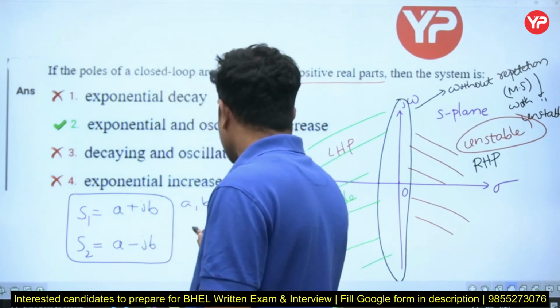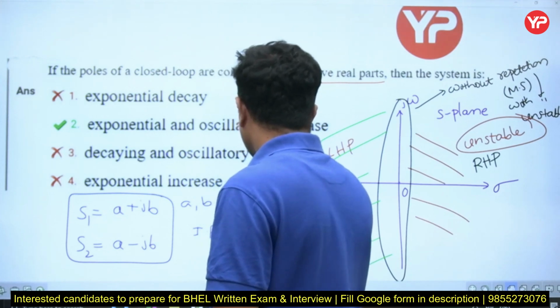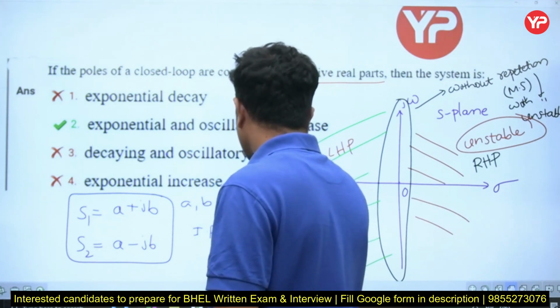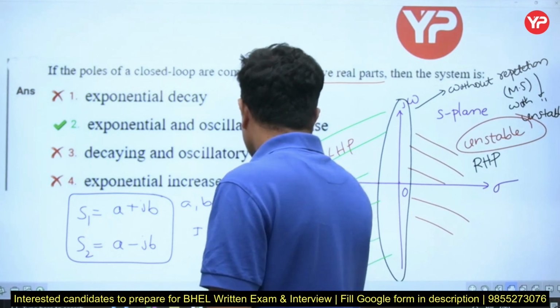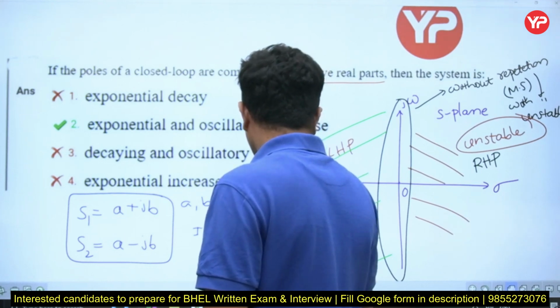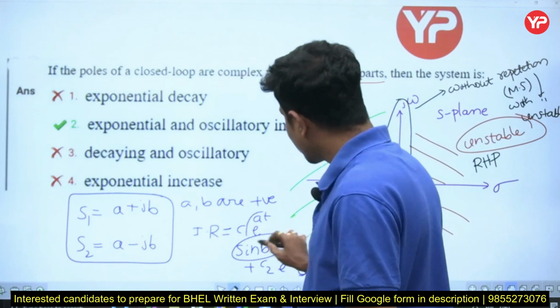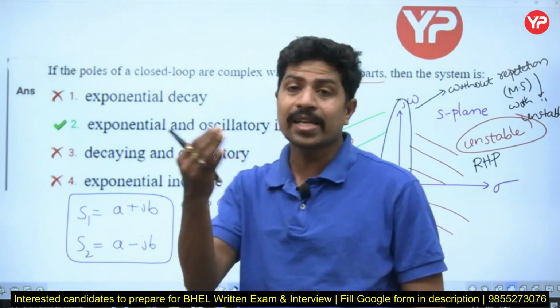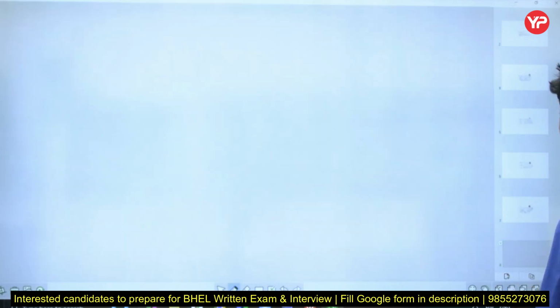Now if you take its impulse response format, this will be some C1 into e power plus AT into sine BT plus C2 into e power AT into cos BT. If you see, this is sinusoidal, this is exponential, that is exponentially increasing oscillations. I will draw how it will look.